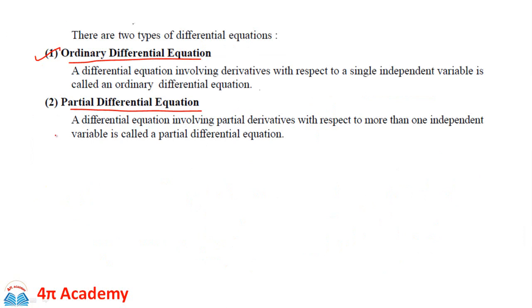Suppose this is a differential equation of the form, for example, dy by dx, in which we know that this y is a function of x, where this x is an independent variable.